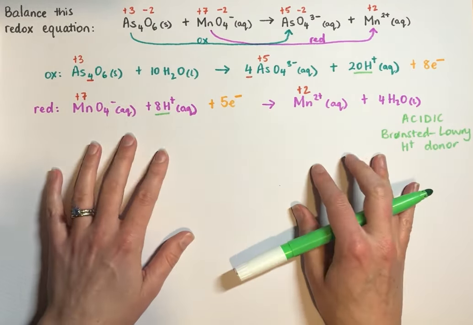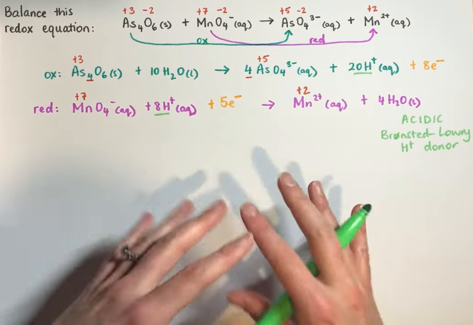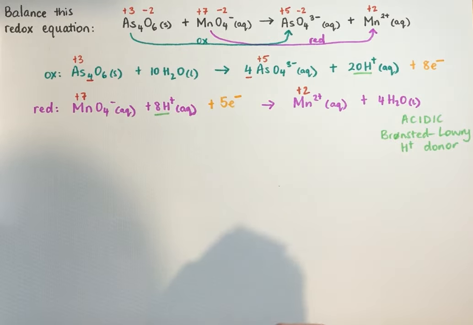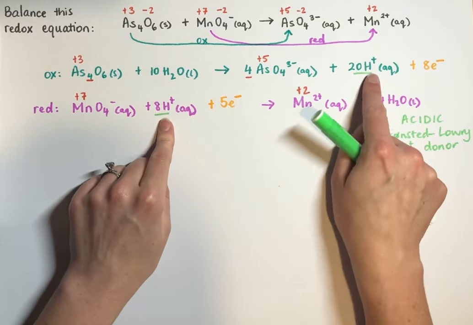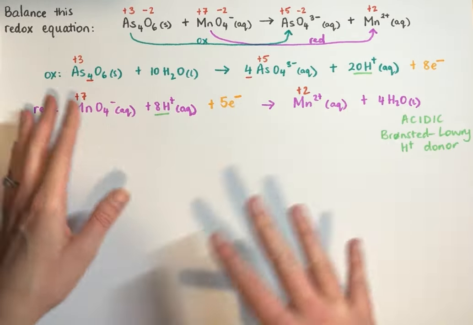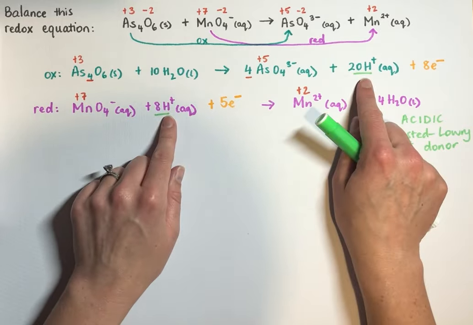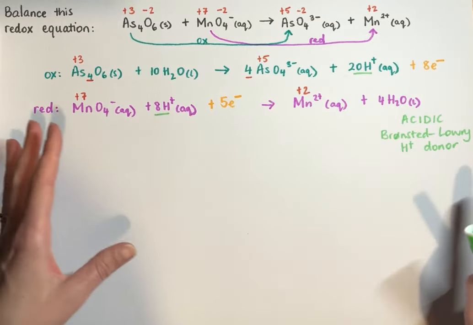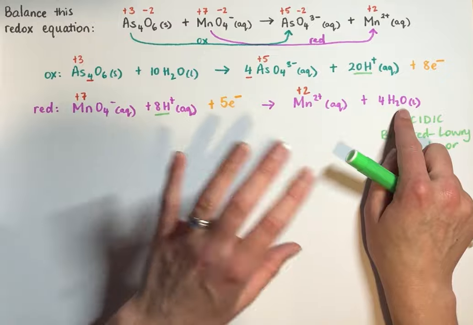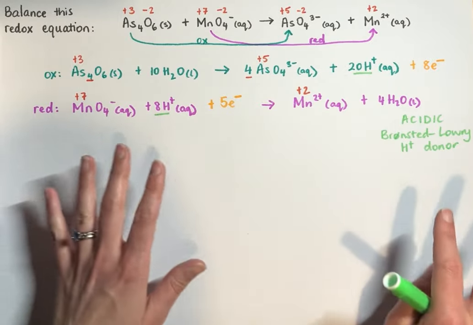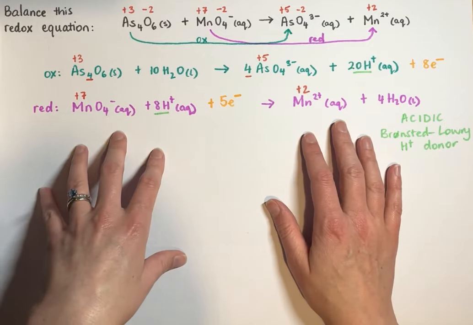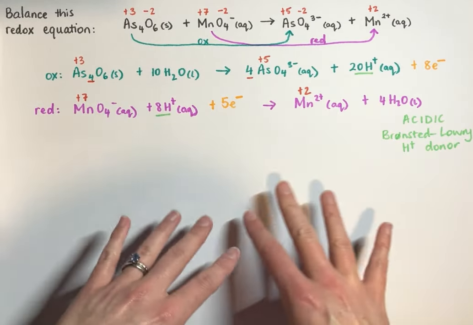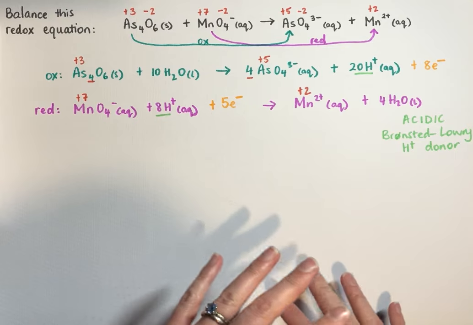So if we have this taking place with an acid that's also present, we have a source, a reservoir, like a bank of hydrogen ions available to us so that our equation can be balanced. And of course, we also have a vast excess of water molecules as well, so that they can take part if need be. So that's what's allowing us to balance these redox reactions, the fact that they're taking place in watery acidic solutions.